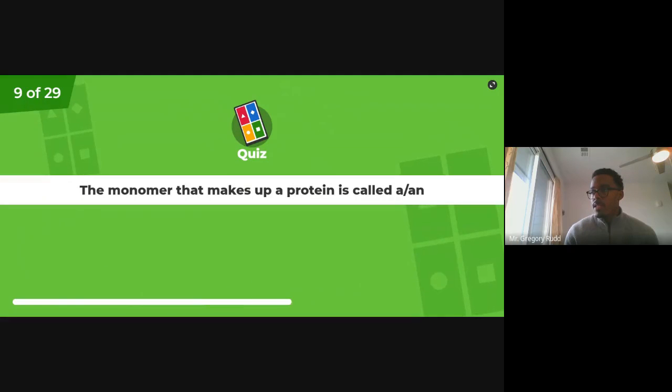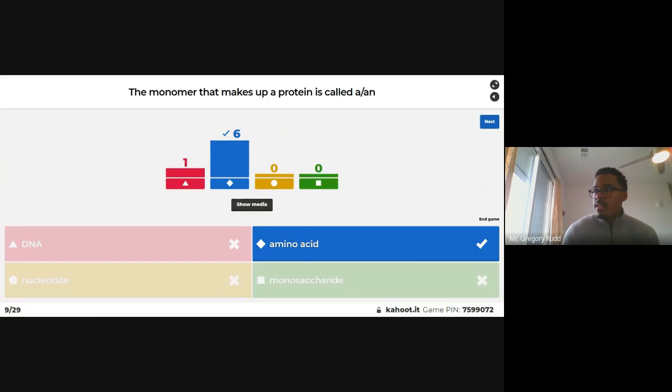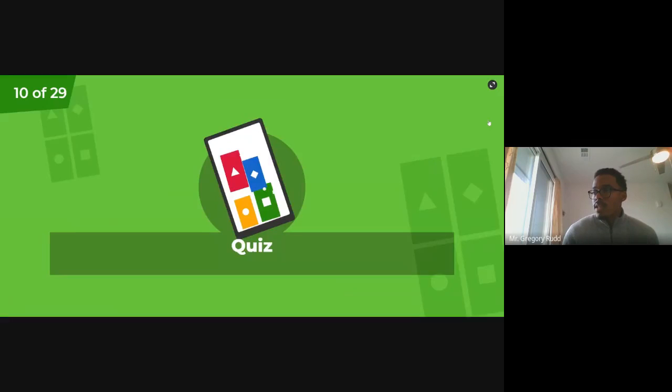The monomer that makes up a protein is called a or an... Amino acids, good. Amino acids make up proteins. Let's see what's next.